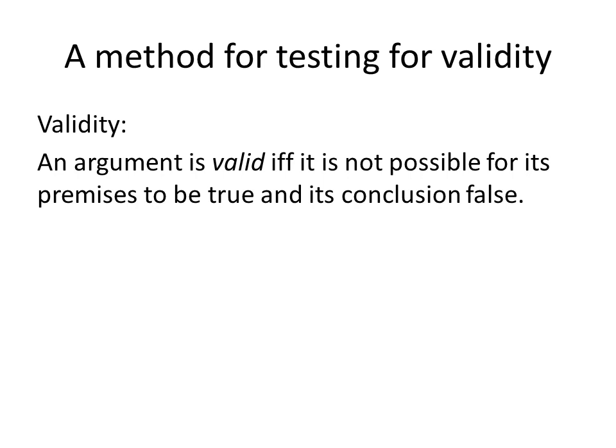Would the conclusion have to be true or could the conclusion be false? If the conclusion has to be true, if the premises are true, then the argument's valid. But if it's possible for the conclusion to be false when the premises are true, then it would be invalid. And it's that idea that we're going to be using as we develop a heuristic for testing arguments for validity in this lecture.